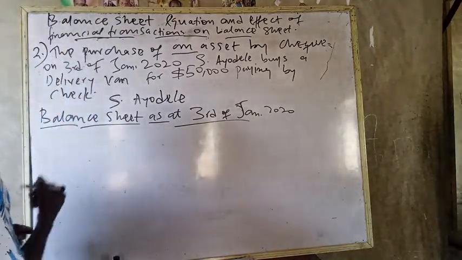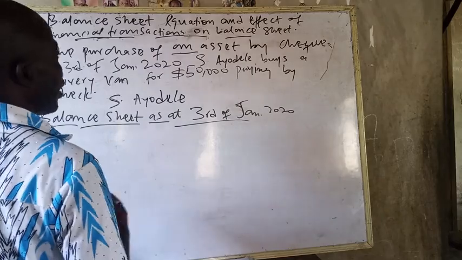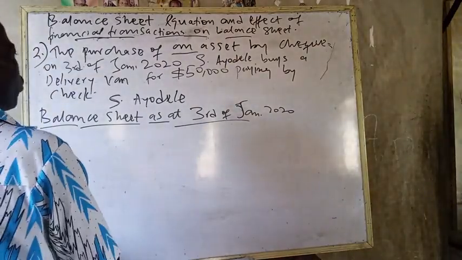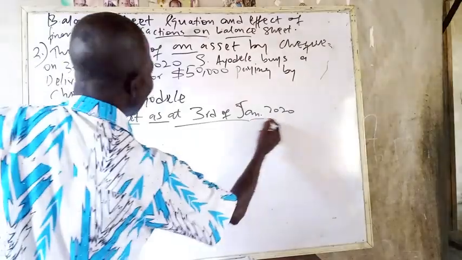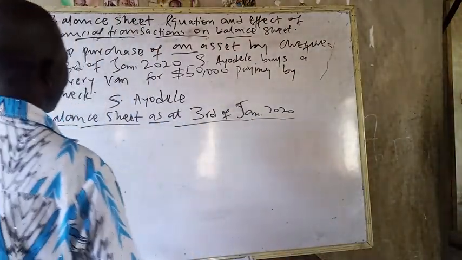Then, like I said, the categorizing, that is classification. Whether categorization or classification, it's the same. So how do we classify the assets, liability, and equity?